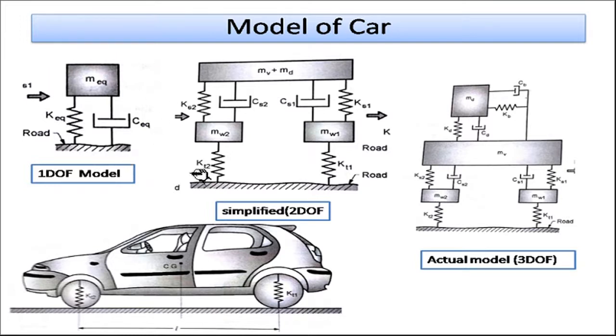Now if I consider the tire stiffness separately for the front and rear tires, and the stiffness and damping provided by the suspension system on the front side and rear side, this is the mass of the vehicle and the mass of the driver. Now we know that the driver is sitting in a car on a seat, so we consider the stiffness and damping of the driver seat.